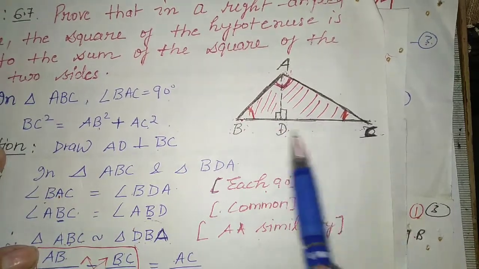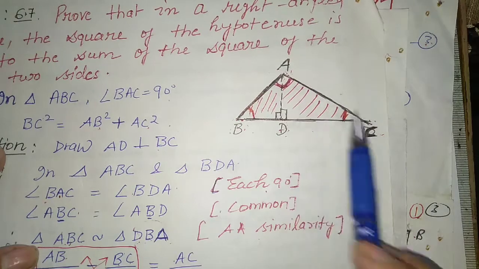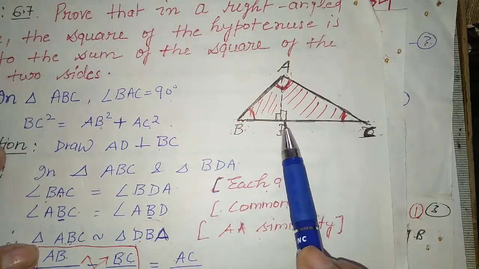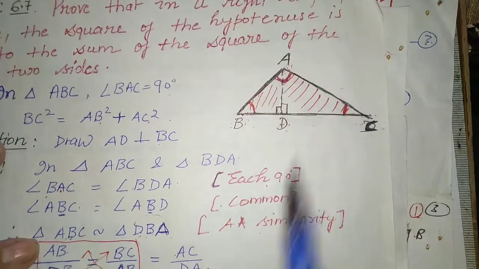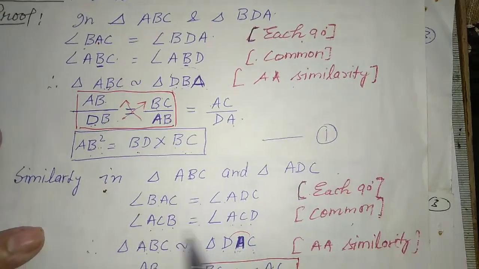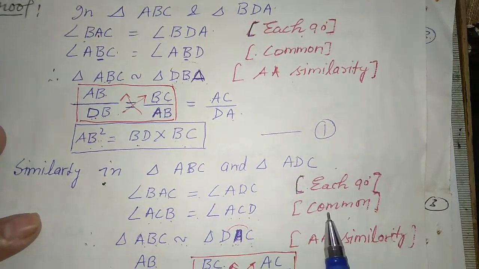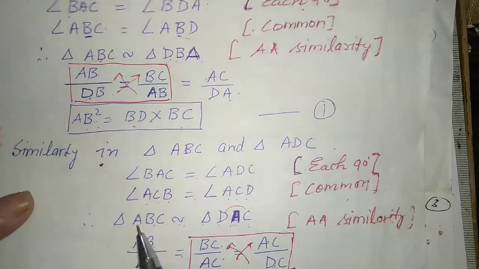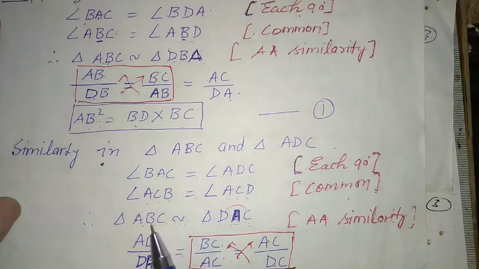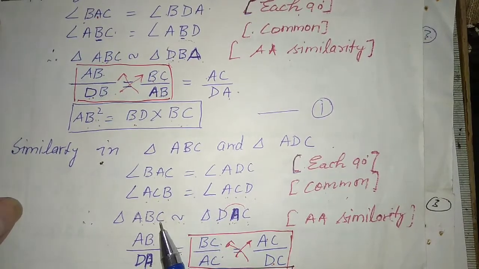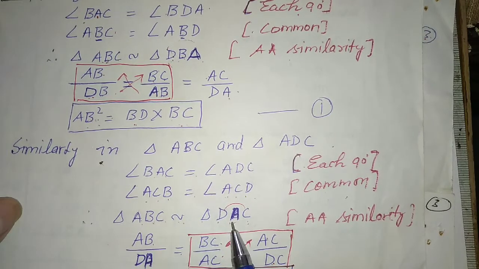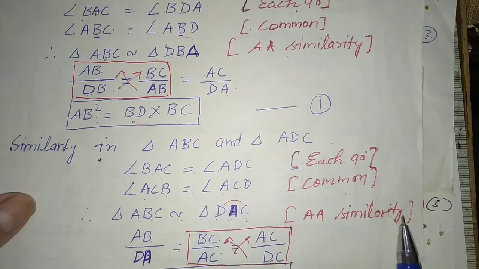We write ACB for the whole triangle and ACD for the smaller one. So angle ACB is equal to angle ACD, common. So both the triangles ABC and DAC, A is 90, D is 90, and C is common. So triangle ABC is similar to triangle DAC by AA similarity.